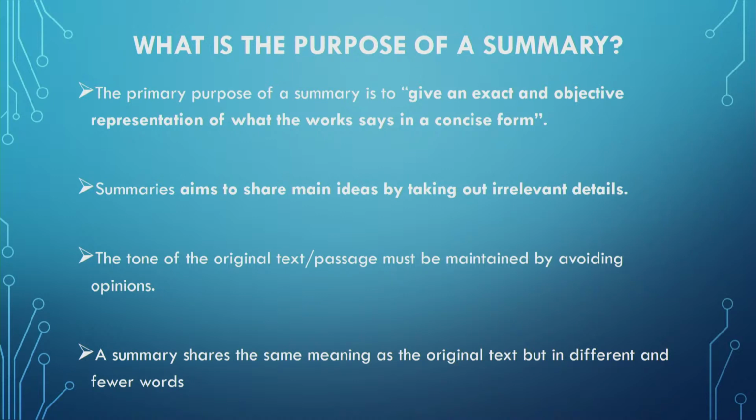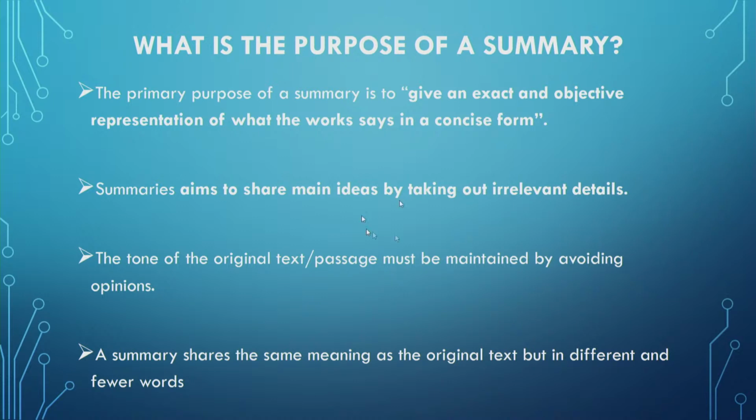So when it comes to summary writing, grade 7s, you shouldn't include your own opinions. Otherwise, it will no longer serve the purpose of a summary, but your writing piece will now be regarded as your essay, because you're now giving your opinions.